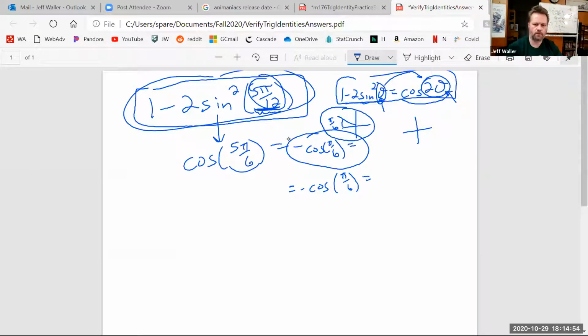Okay. And of course, what's cosine of pi over 6? Negative 1/2. No. Pi over 6 is closer to the x-axis, so cosine's going to like that. Is that all right?